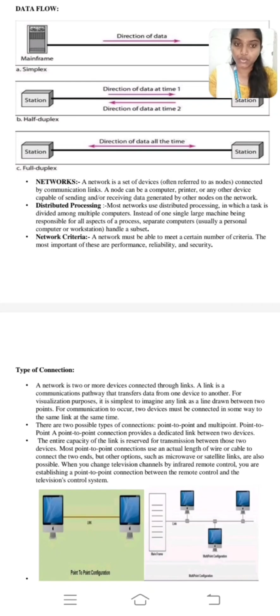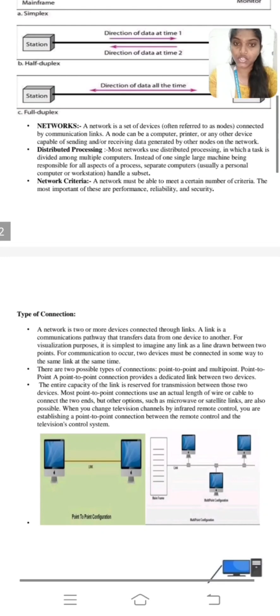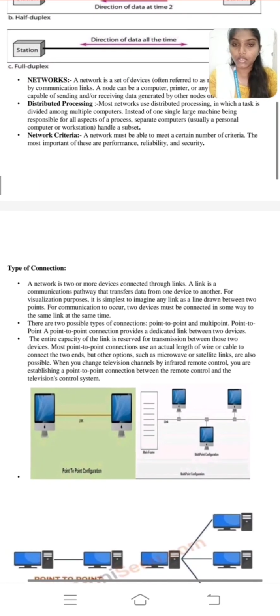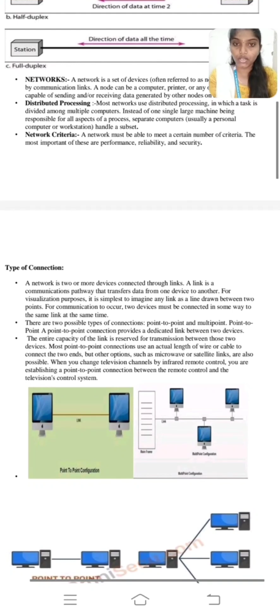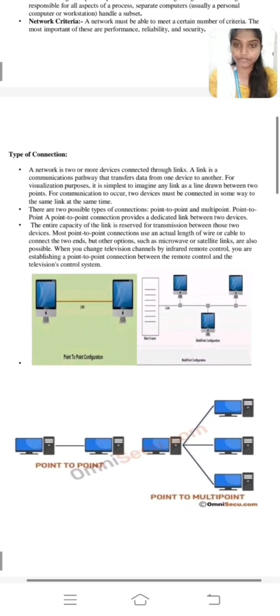Separate computers, usually a personal computer or workstation, handle a subset. Next one is network criteria. A network must be able to meet a certain number of criteria. The most important are performance, reliability, and security.